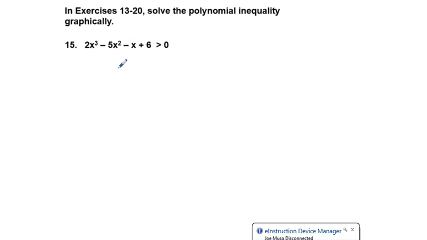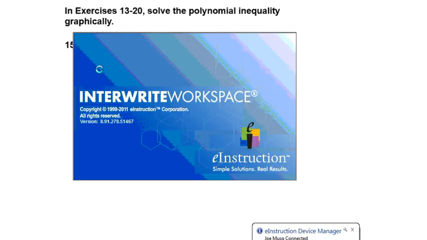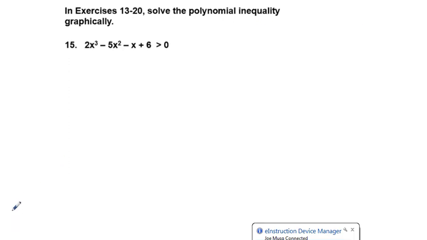Here we have a cubic polynomial, which we might be able to factor, but we've been given the option to solve the polynomial inequality graphically.